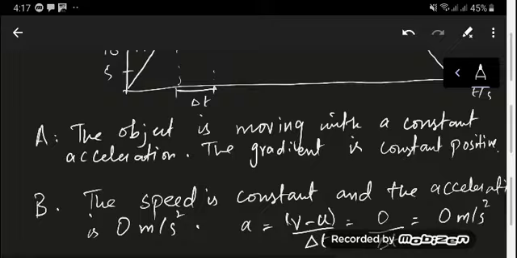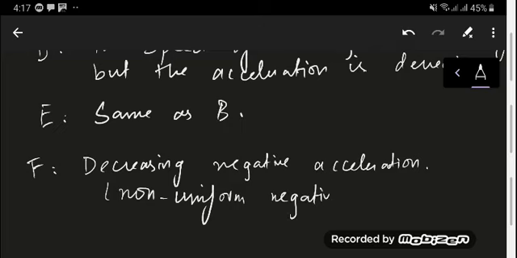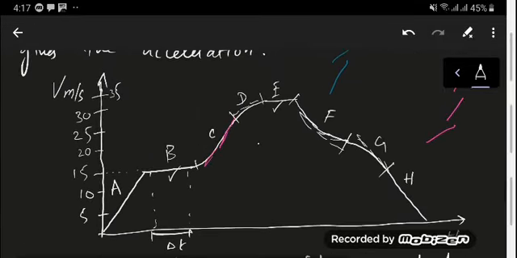The speed is decreasing, right? And this is non-uniform negative acceleration. Decreasing negative acceleration. And G is increasing negative acceleration.